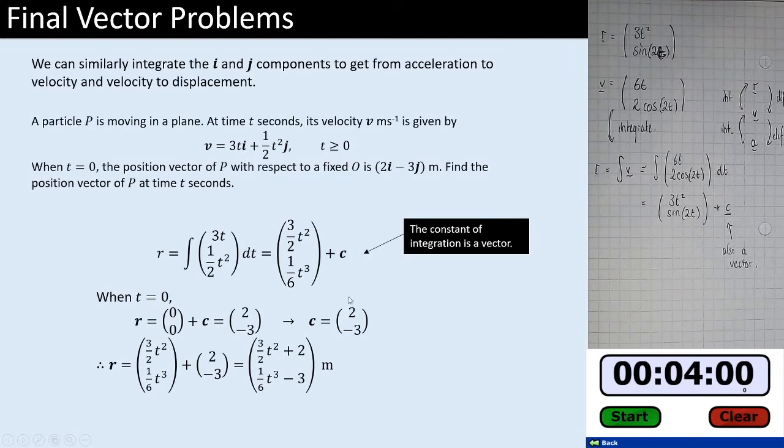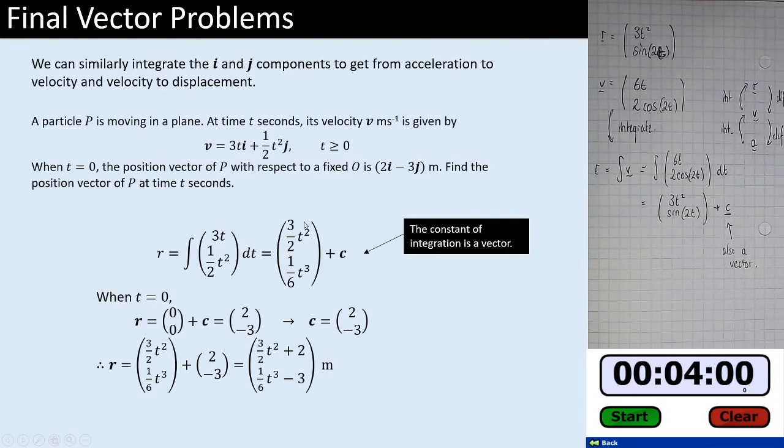Now we've got to use the information that we've got to figure out what our constant of integration is. In this case, we're told that when t is 0, the position vector is 2i take away 3j.